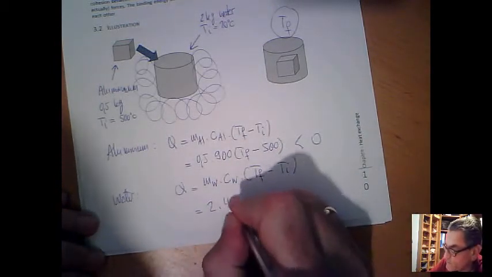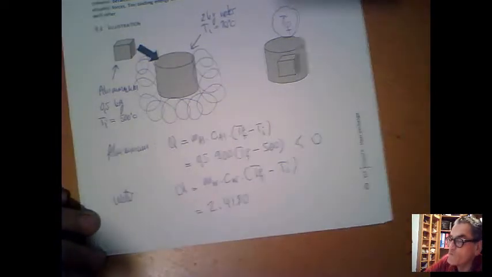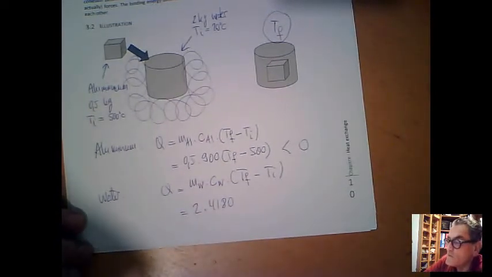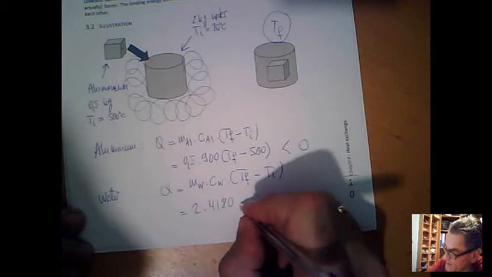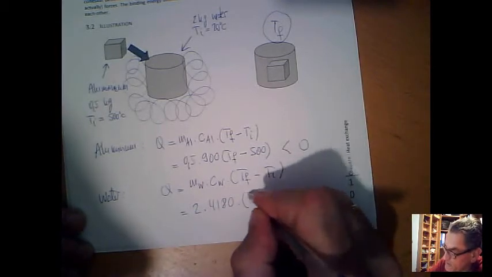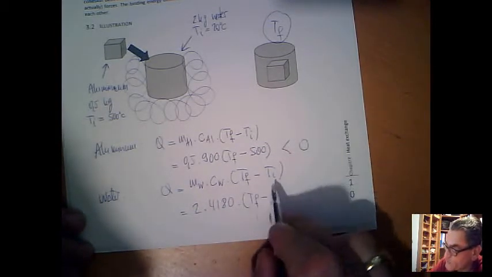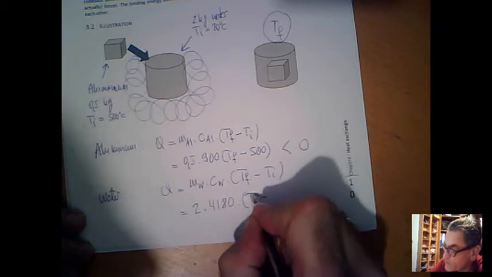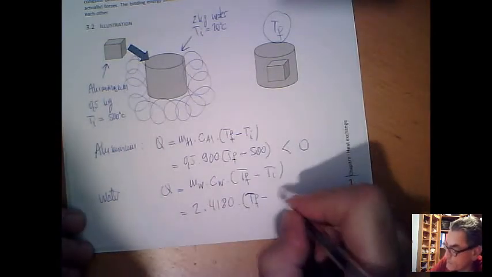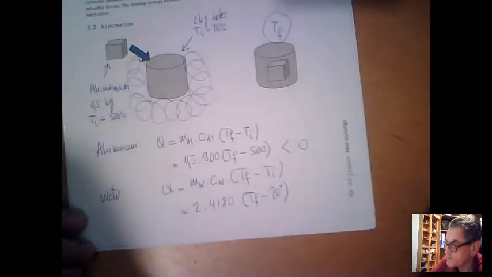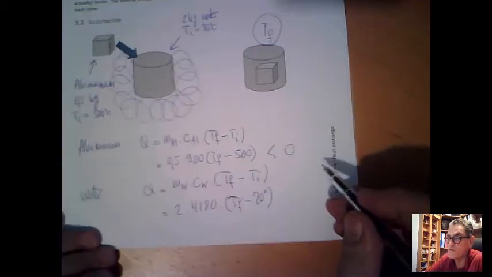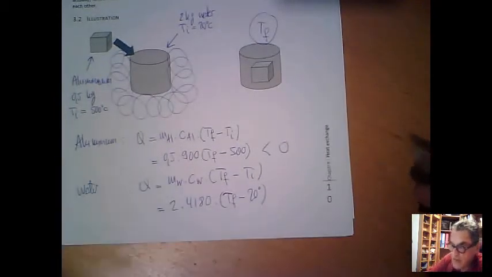The C of the water is 4,180. You will soon know it by heart because you will use it a lot. And here we have final temperature minus the initial temperature of the water, of course, which is 20 degrees. And this quantity is going to be positive or negative?